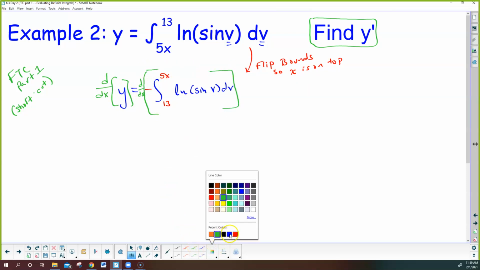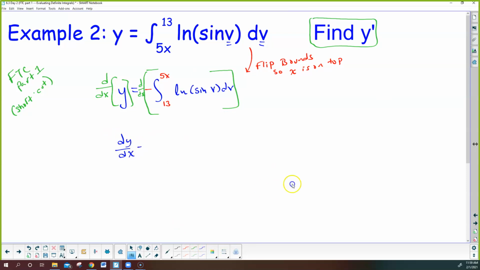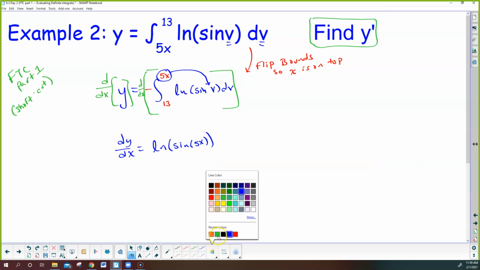And instead of doing all of this by hand, which is a really nasty antiderivative, all I'm going to do is take the 5x and plug it in where the variable goes. And don't forget that we flipped the bounds and made it negative, so that negative has to appear.